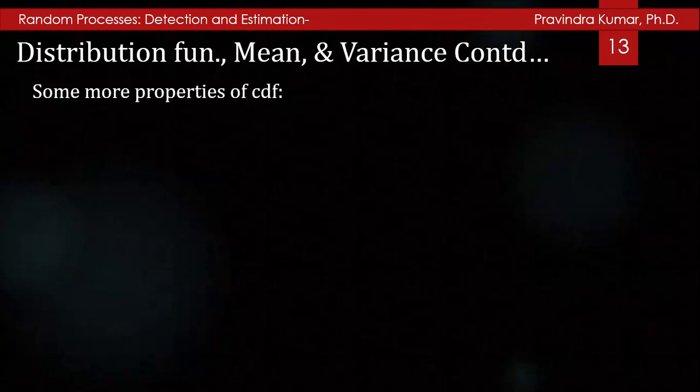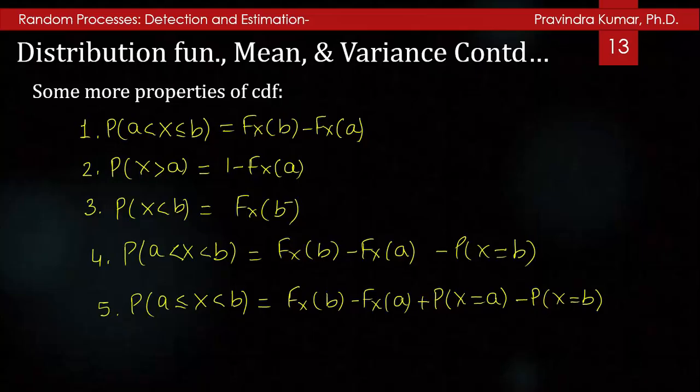Some properties of CDF are: the probability when x lies between a and b, where b is included, meaning x less than or equal to b but x greater than a, will be F(b) minus F(a), meaning the CDF at x equal to b minus the CDF at x equal to a.